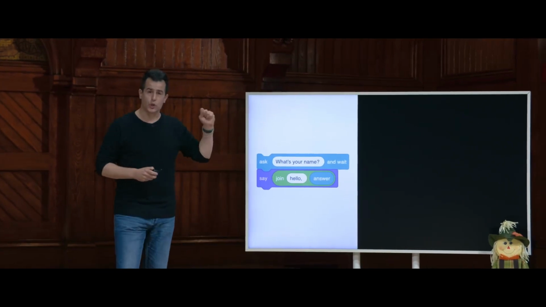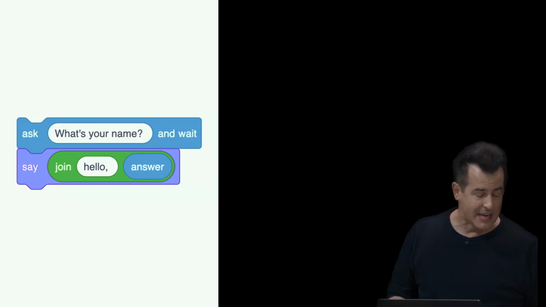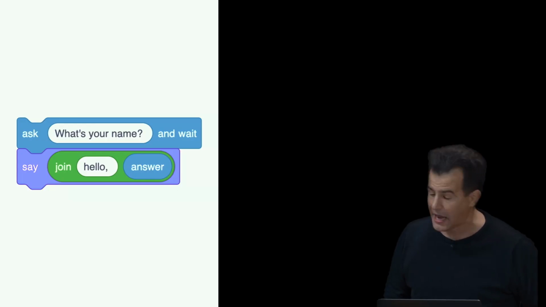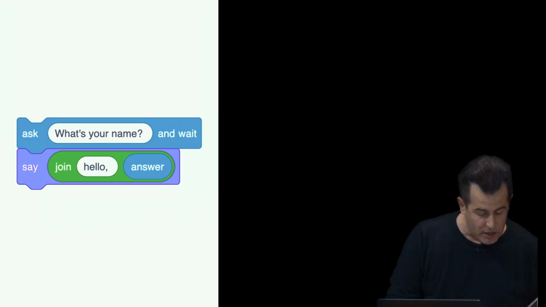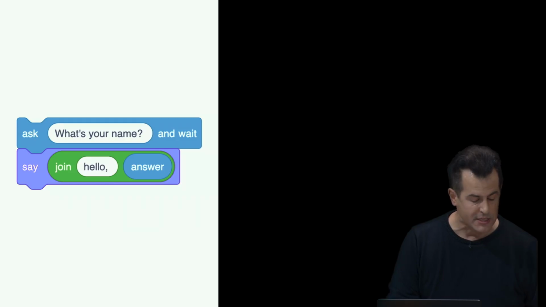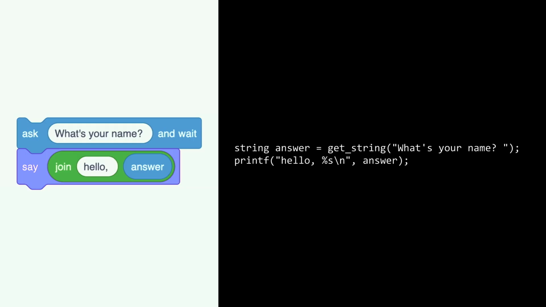So here, for instance, in Scratch, was an example of how we might use not only a built-in function like the say block, or in C the printf, but how we might similarly now achieve this in Python. So how might we do this? Well, in C, this code looked a little something like this back in week 1. We declared a variable of type string, even though later we revealed that to be char star. I gave this a variable name of answer for parity with Scratch.